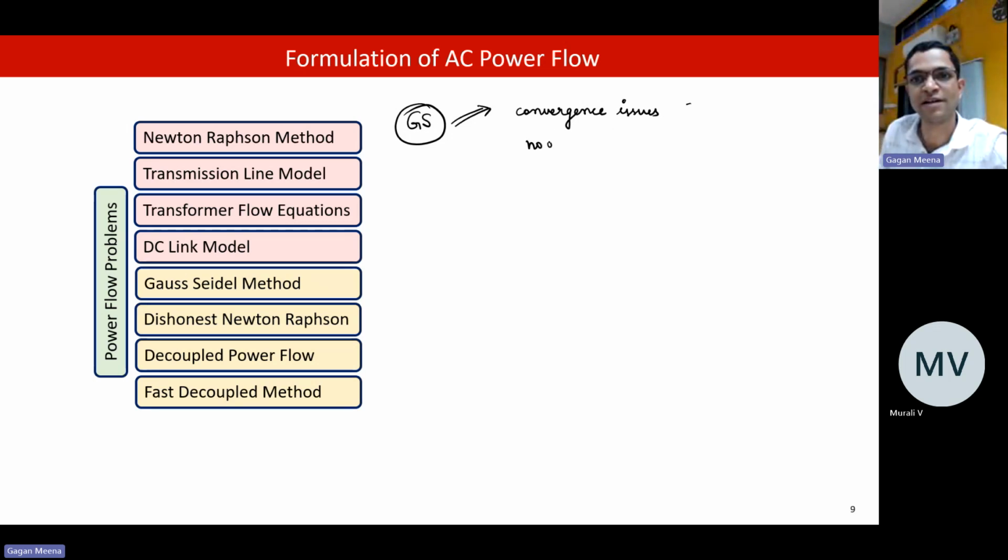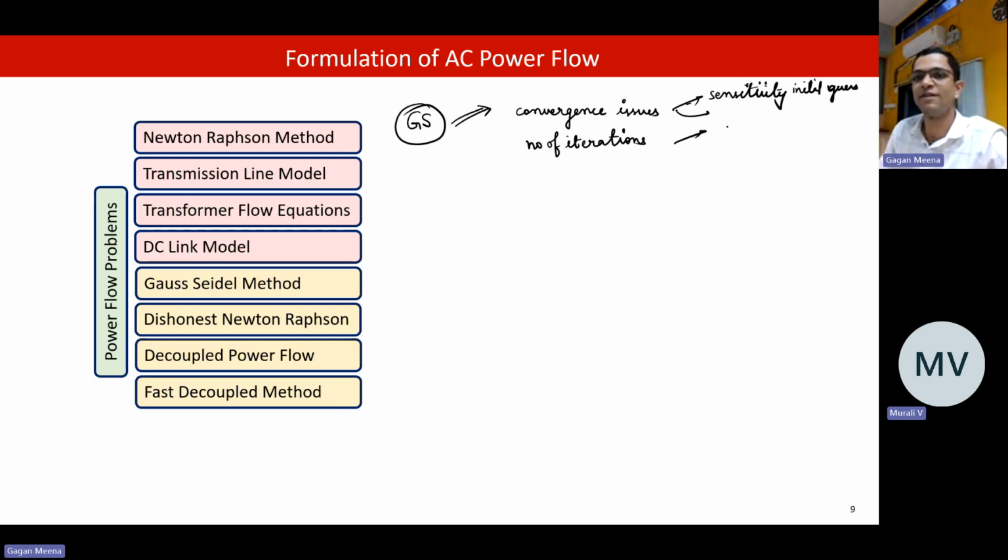So the number of iterations required is more. Then the convergence issue is the sensitivity to the initial guess. And also, we have seen the Gauss Seidel formulation in a particular way, and that way it is able to converge.